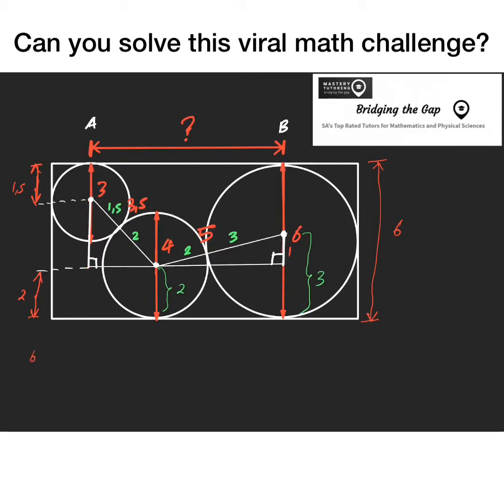So 6 minus 2 minus 1.5, we get 2.5. So now we know the length of this line from that center there to that point there is 2.5.